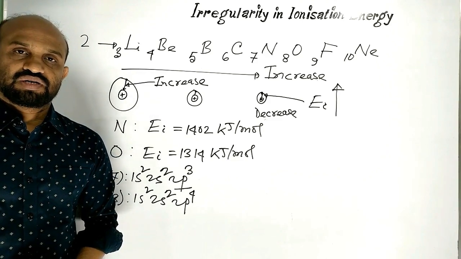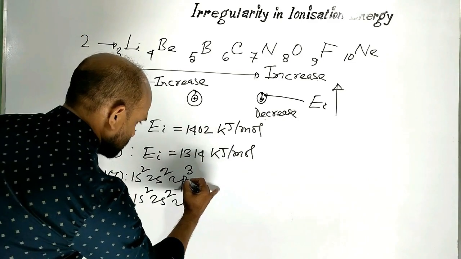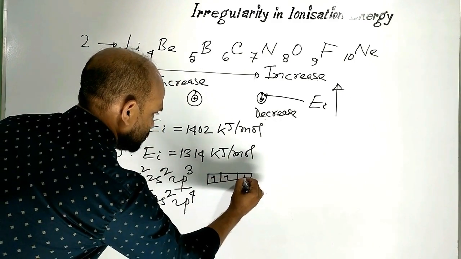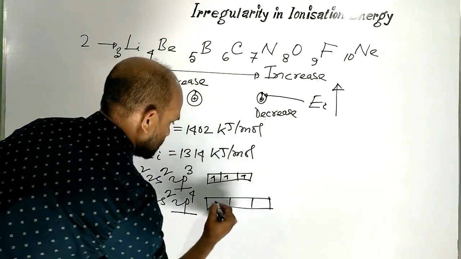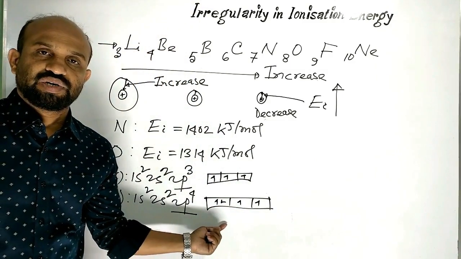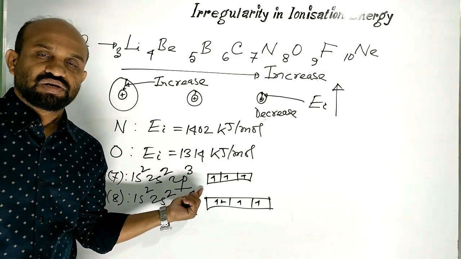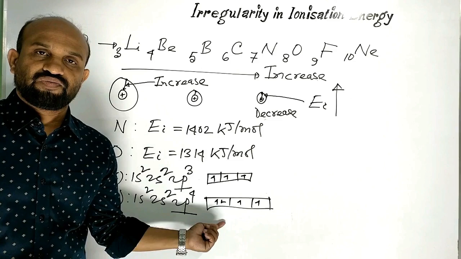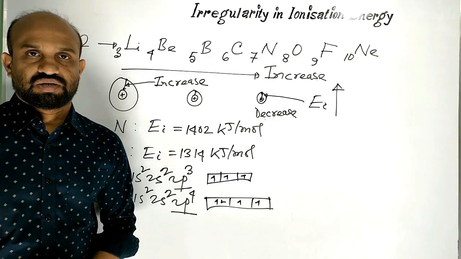Let's see electronic configuration in the outermost shell in box method. Here 2p3: 1, 2, 3. Here 2p4: 1, 2, 3, 4. This is not symmetrical electronic configuration, but this one is symmetrical electronic configuration. This is half-filled, this is not half-filled, not full-filled, which is not stable configuration.